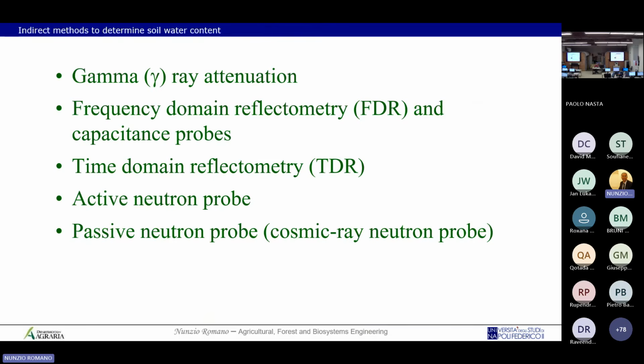Okay, and after the direct method, we move to the indirect methods. As I said before, we use the indirect methods to overcome another limitation of the direct method. The other limitation of the direct method is that you cannot make the measurement again in the same point, in the same location.